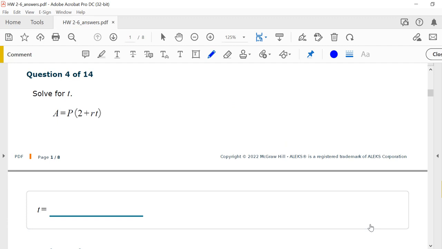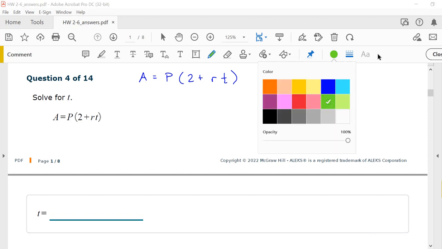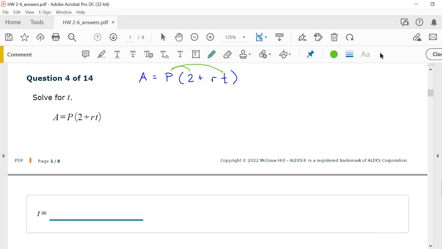Number 4, solve for t. I have a equals p, parentheses, 2 plus rt. Now, most of you will think to distribute that p first. So you would have a equals 2p plus 2rt.